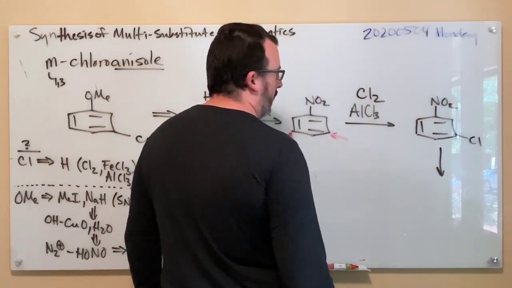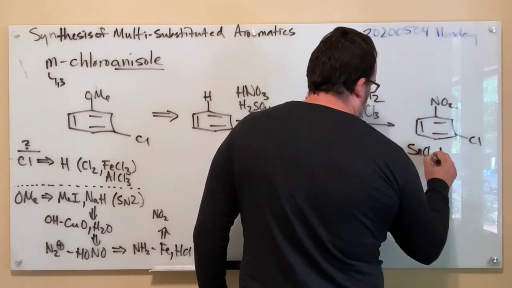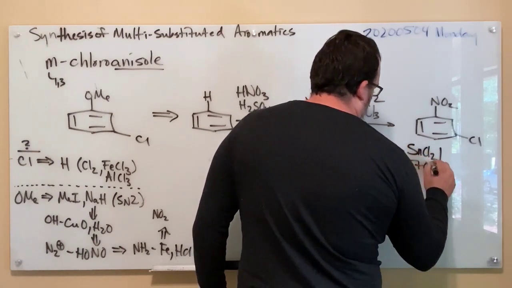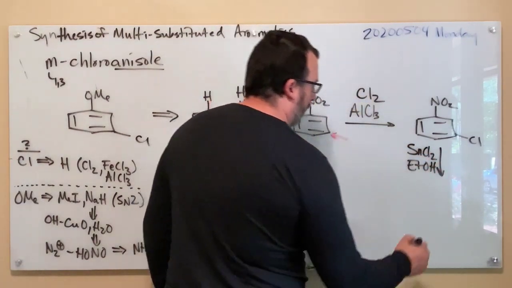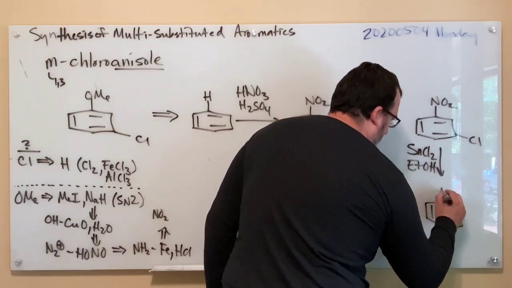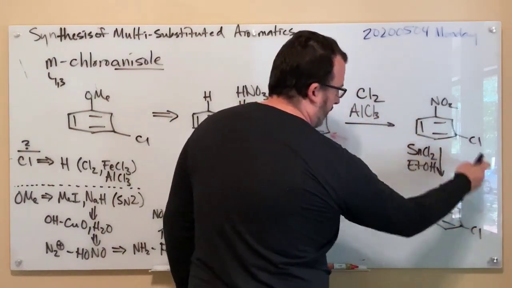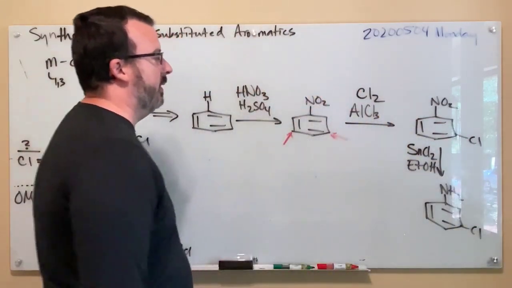So we'll go ahead and reduce that to the amine. So for example, we can use tin dichloride in ethanol. So we're getting the amino group, NH2Cl. So the chlorine is going to remain unchanged through the rest of this sequence.